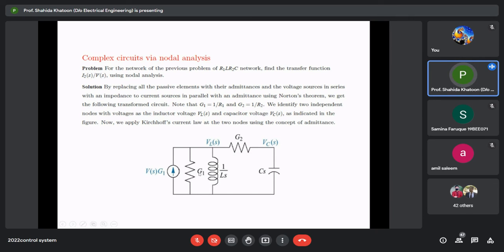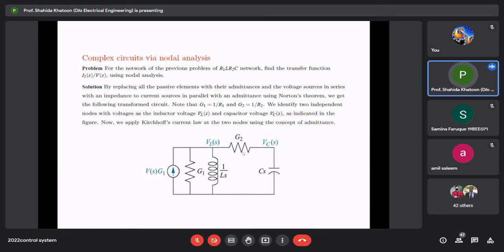You write G1 as 1 by R1 and G2 as 1 by R2, replacing all the passive elements with their admittances, and the voltage source in series with an impedance with a current source in parallel with the admittance using Norton's theorem. So replace this with Vs into G1, where G1 is 1 by R1 and G2 is 1 by R2.